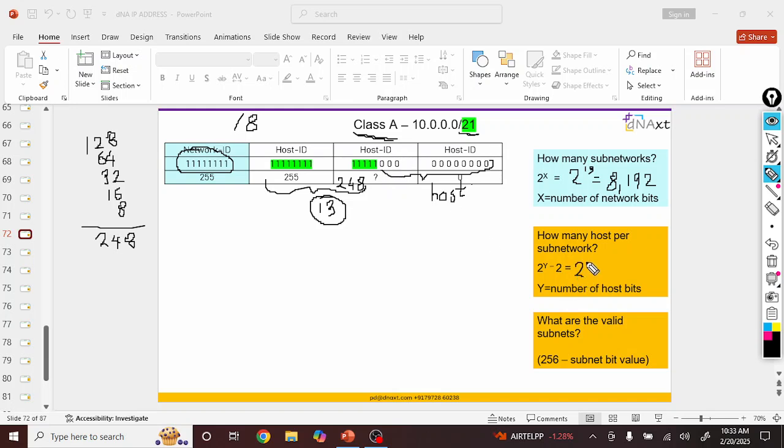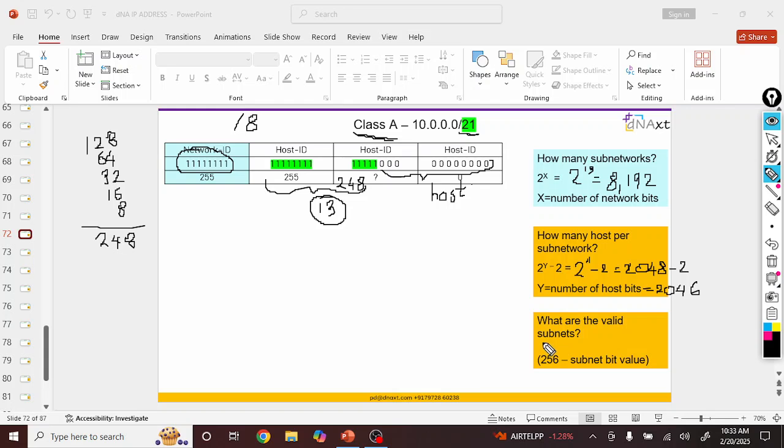So 2 to the power 11 minus 2. 2 to the power 11 is 2048, and minus 2, that means we will get 2046 valid host IP addresses in each of the subnetworks.